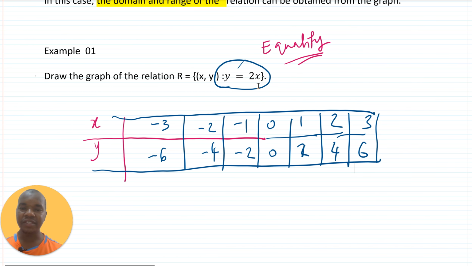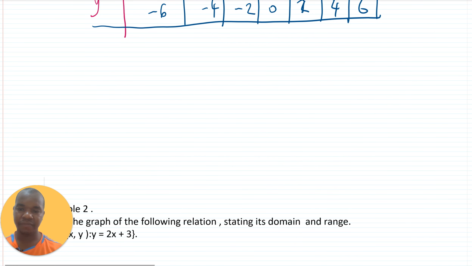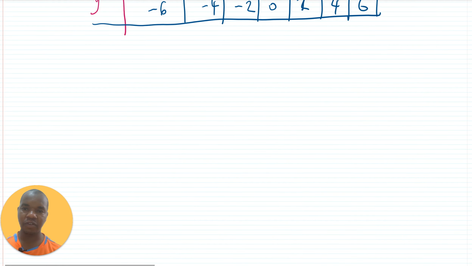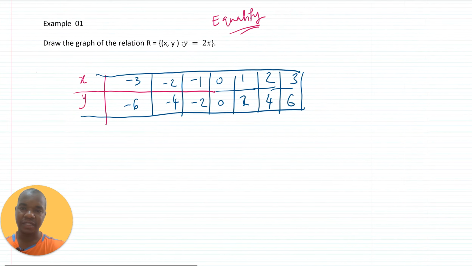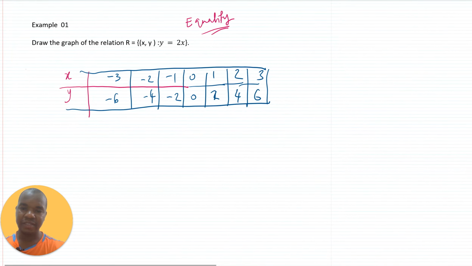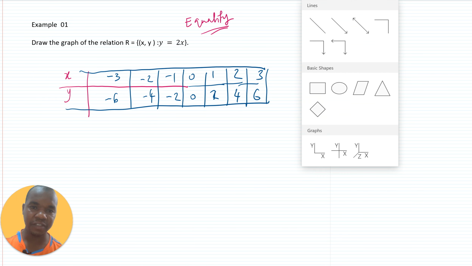By using these values, you are now in a position to draw the graph of this relation. By using these ordered pairs, you are going to be able to draw the graph of this function.